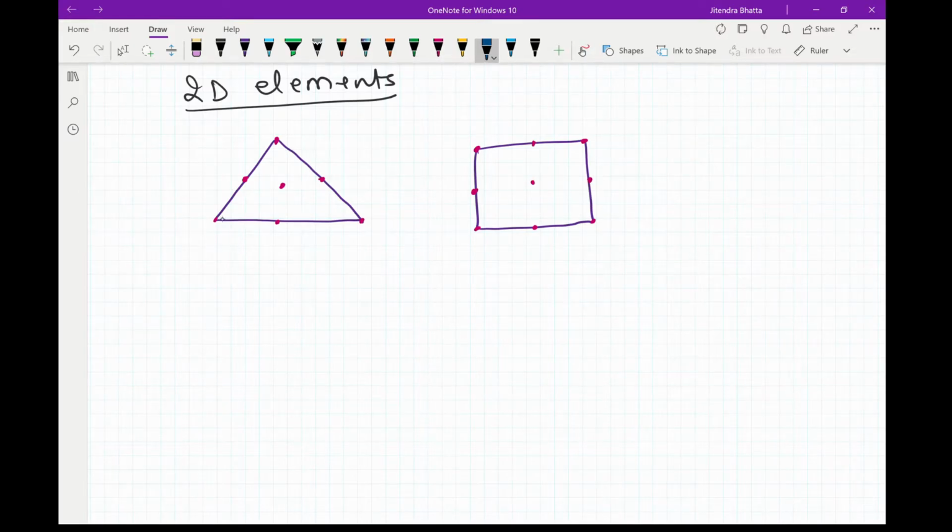If you have an element like this and we solve for each of the nodes here, then we'd like to find what the displacement is here, which will be a function of x or y. Here also we want to find the displacement at this point. Let this be u(x, y).